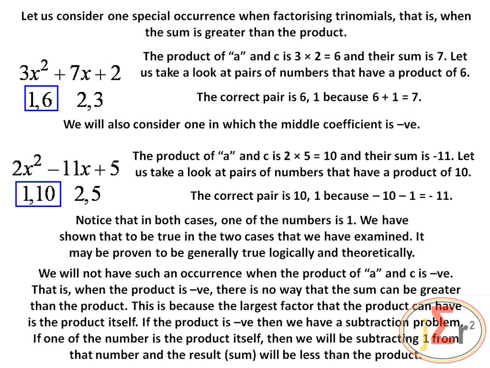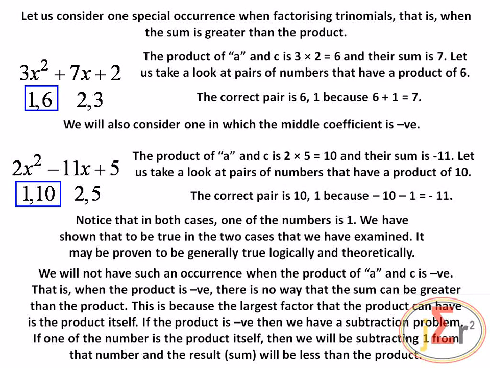That is, when the product is negative, there is no way that the sum can be greater than the product. This is because the largest factor that the product can have is the product itself. If the product is negative, then we have a subtraction problem.